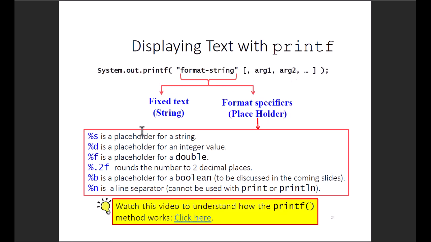The argument could be a string, you use the %s. The argument could be an integer, you use the %d. The argument could be a double, %f. If you need rounding, you need to use a dot and give it a number. Boolean will be discussed later, and %n or \n to go to a new line.